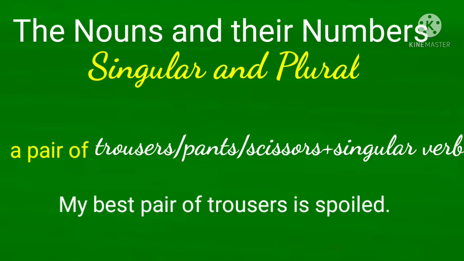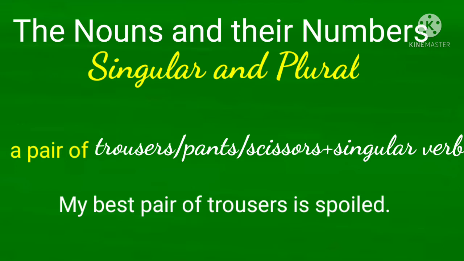Now, very often students would have confusion in this area. Remember, if you use the expression pair of, you can treat them as singular, otherwise you can treat them as plural and they must be followed by a plural verb.